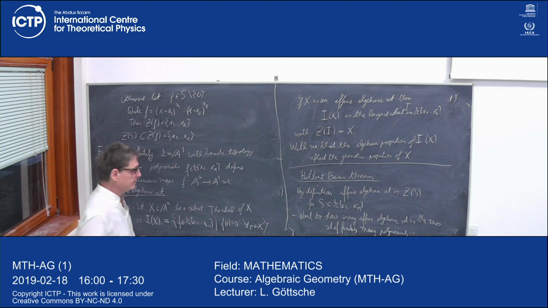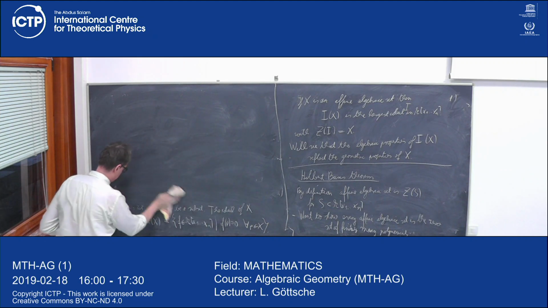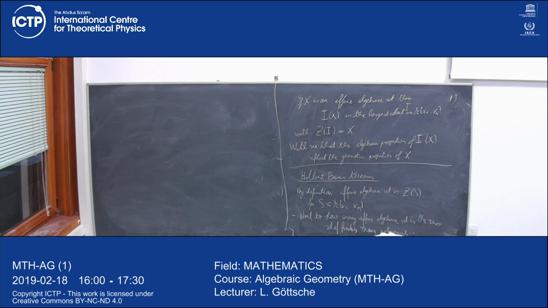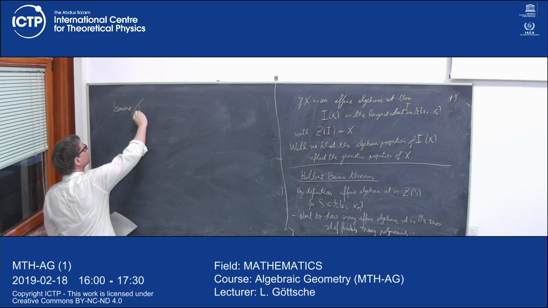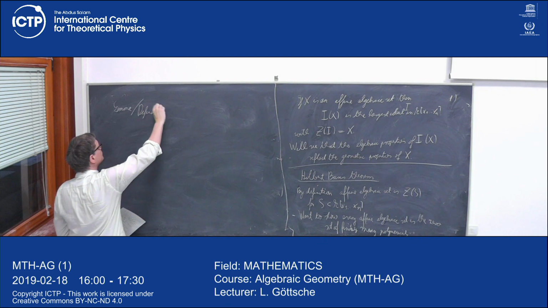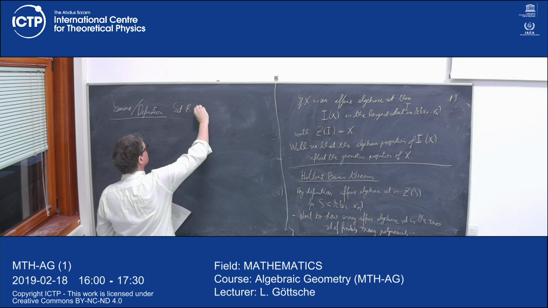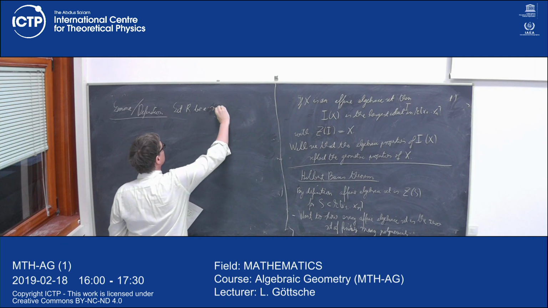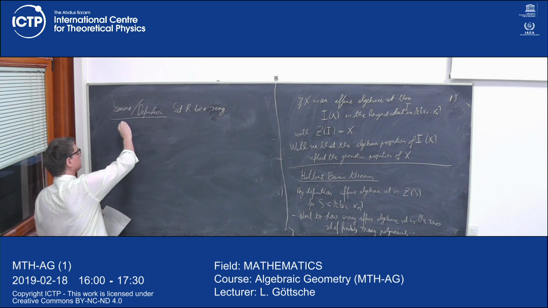So first let's see this. It's a consequence of an algebraic fact. So first we introduce some algebra. This is the following lemma, definition. I think that's about as far as I get. So let R be a ring. Remember, that means commutative with 1. So the following are equivalent.